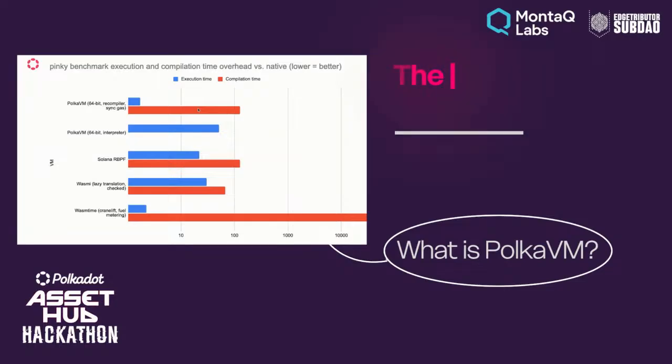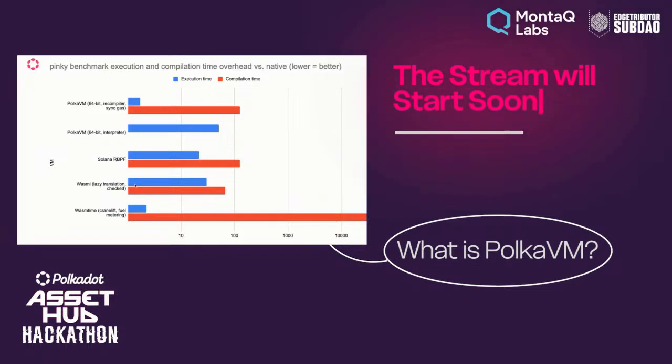And here are some benchmarks. What this does is it executes an NES emulator. It's called Pinky, and we can compile this Pinky NES emulator to various virtual machines. So we have the PolkaVM recompiler, the PolkaVM interpreter, Solana RBPF, and WASMI.